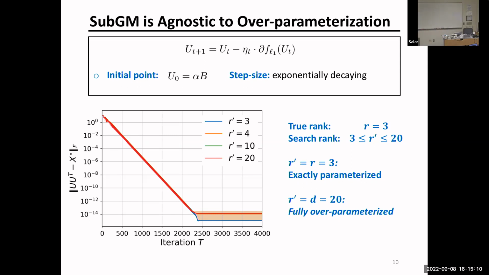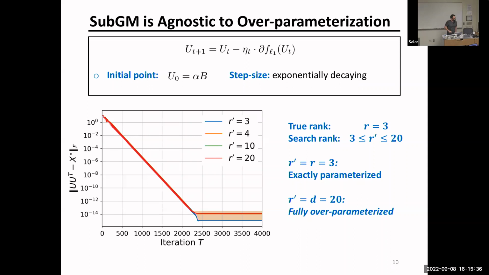Here we consider a very simple instance of the problem where the true rank is equal to 3, and we range the search rank R prime from 3, which is the exactly parameterized setting where we know the true rank, all the way to 20, which is the fully overparameterized setting. We have no assumption on the search rank or on the rank of the true solution.